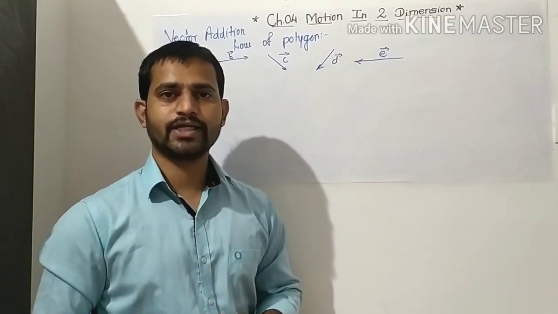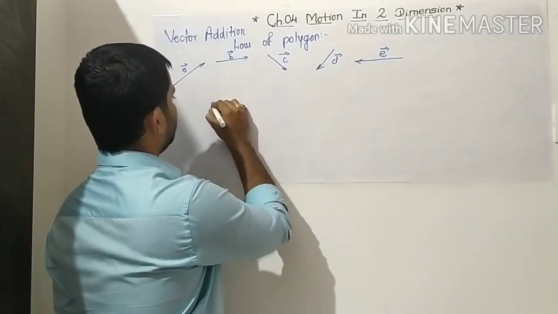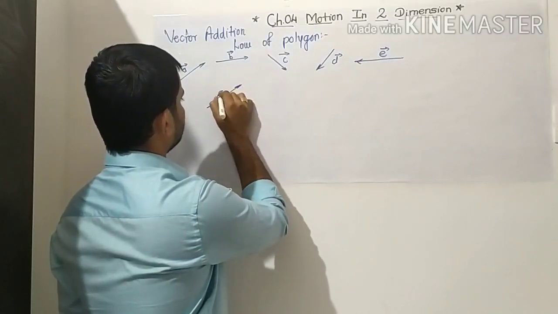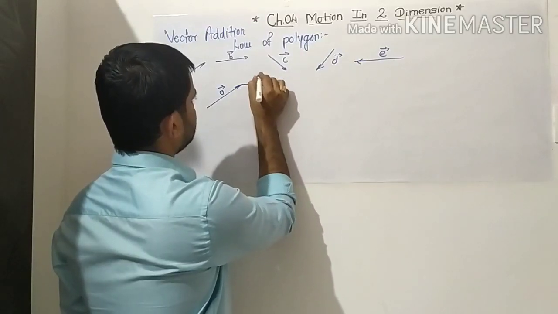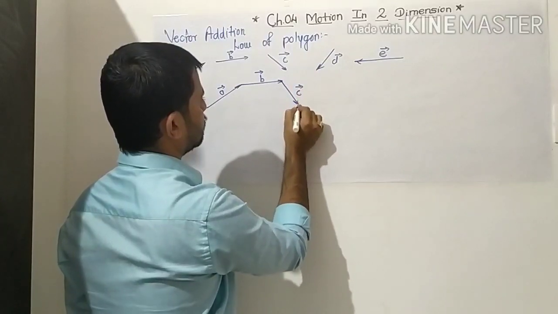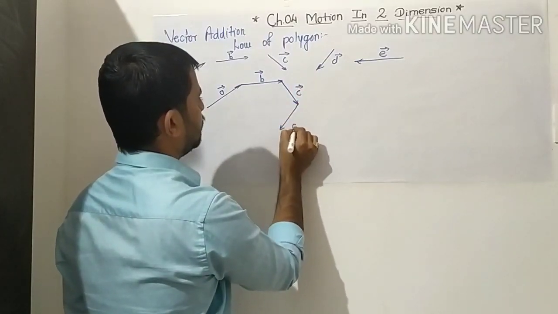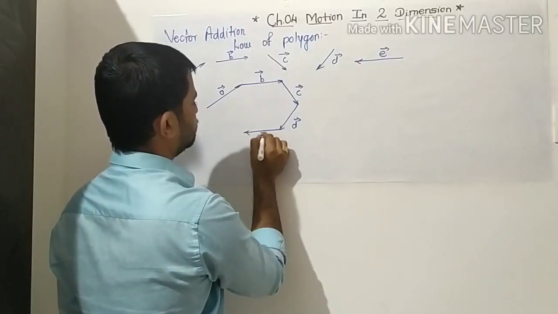So we have to connect all these vectors in sequence. This is vector A, this is vector B, this is vector C, this is vector D, and this is vector E.